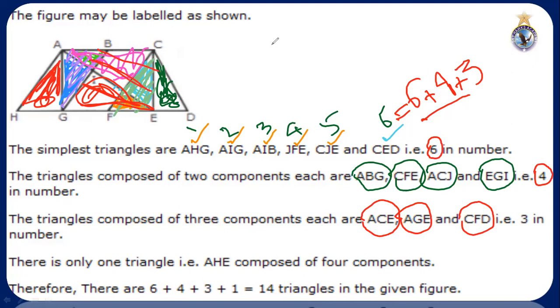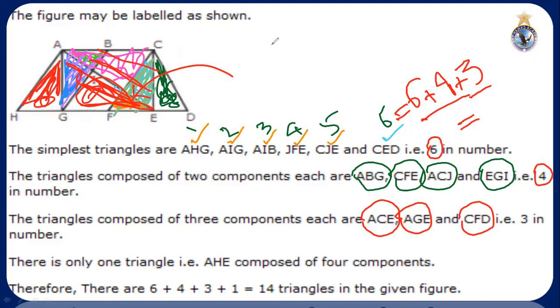Then AGE, A, G, and E, this lower bottom. Then CFD, you can see that CFD is this one somewhere here. So 3 more. We will have to add these 3 more.